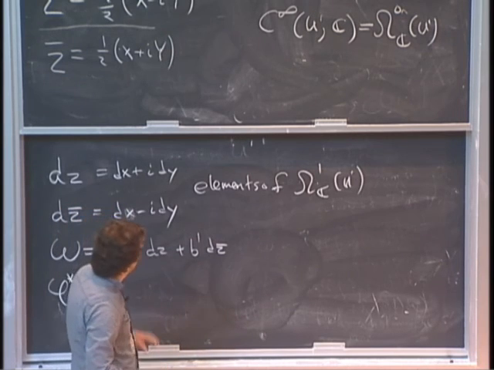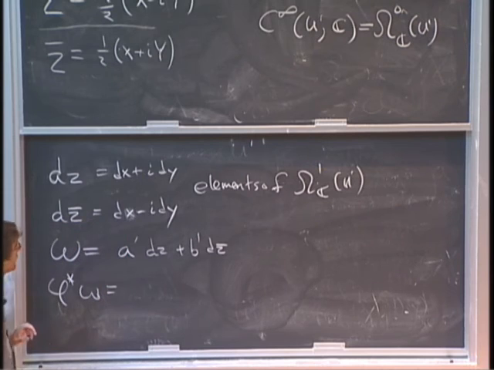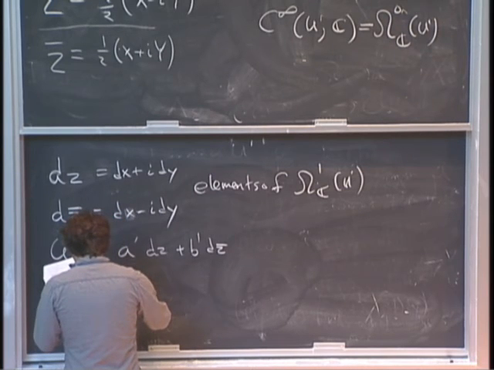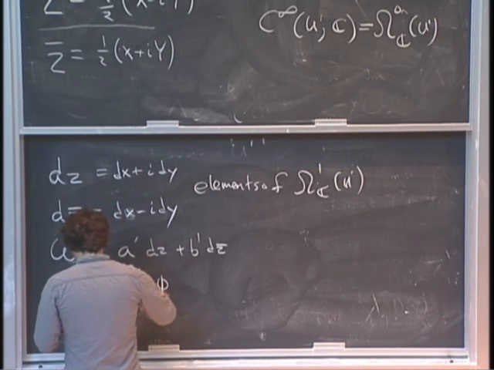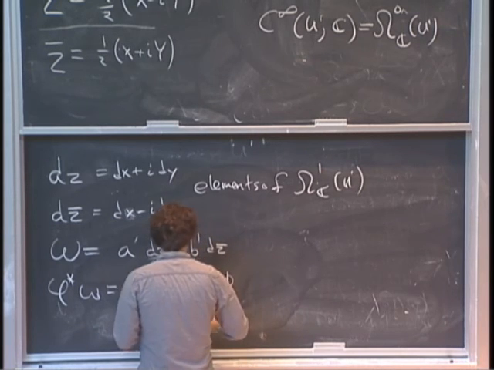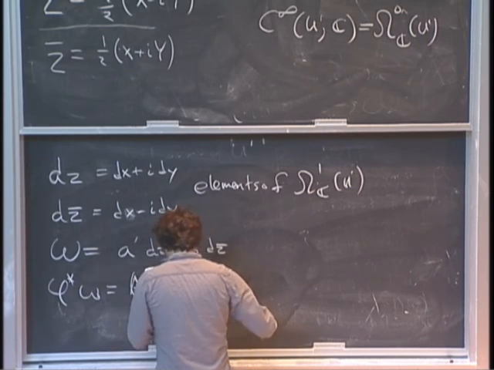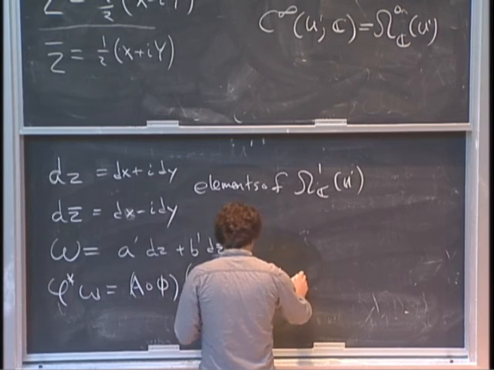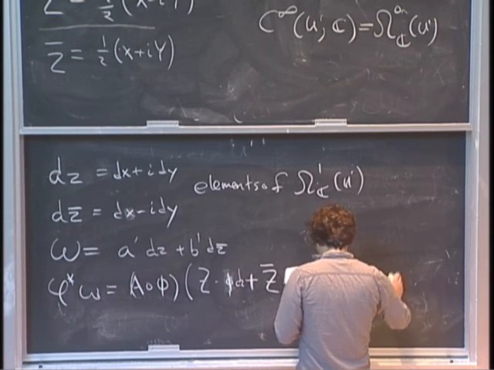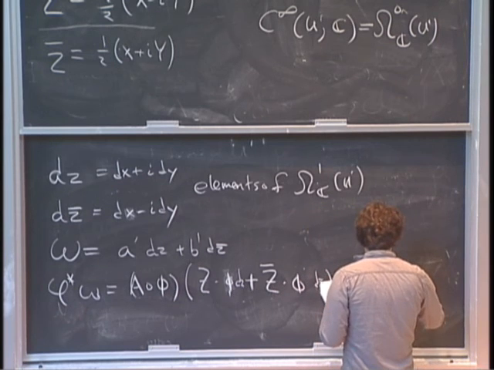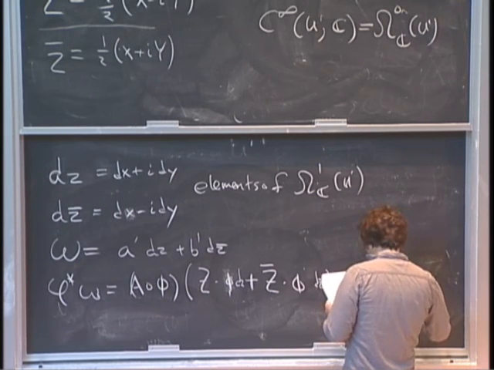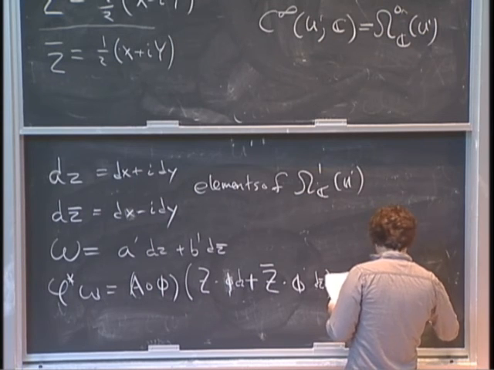The point is if we expand everything out and work it out in terms of the real case, or just do it directly, either way, you should convince yourself that this is equal to A′ of φ, ∂z applied to φ dz plus ∂z bar applied to φ dz bar, plus B′ of φ, ∂z applied to φ bar dz plus ∂z bar applied to φ bar dz bar.